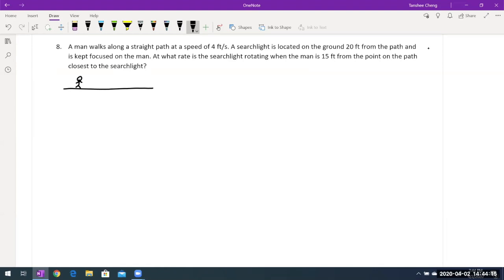So here is a searchlight, and this is 20 feet from the straight path. And it's already telling you that the closest distance from the walking path to the searchlight is 20.